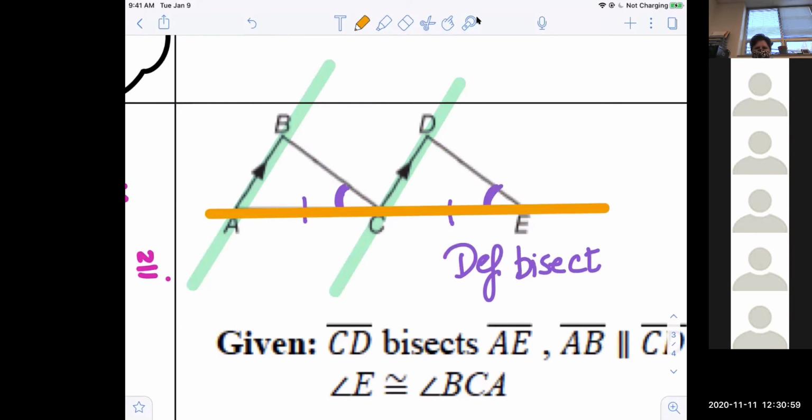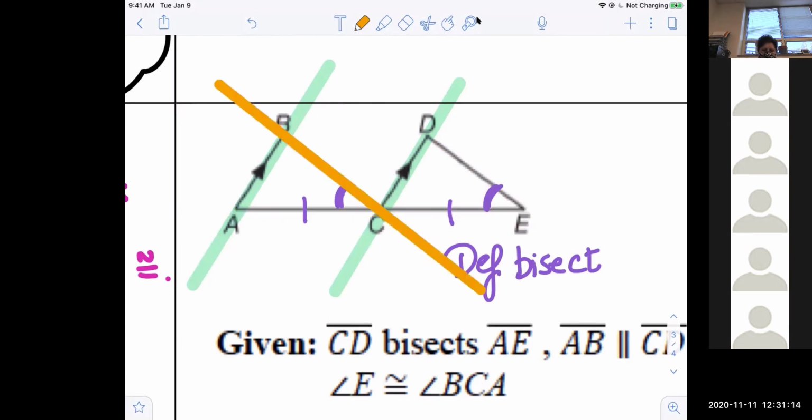Number 1. Gabe, which one? The first one you drew. Okay, and somebody else said number 1 too. Okay. So if I draw number 1, I could use this angle here, congruent, like an alternate interior would be that one. But that angle is not inside of the other triangle.